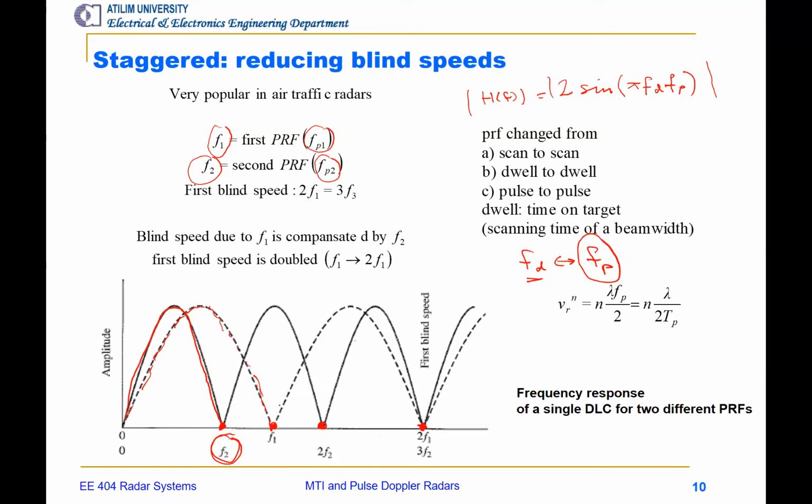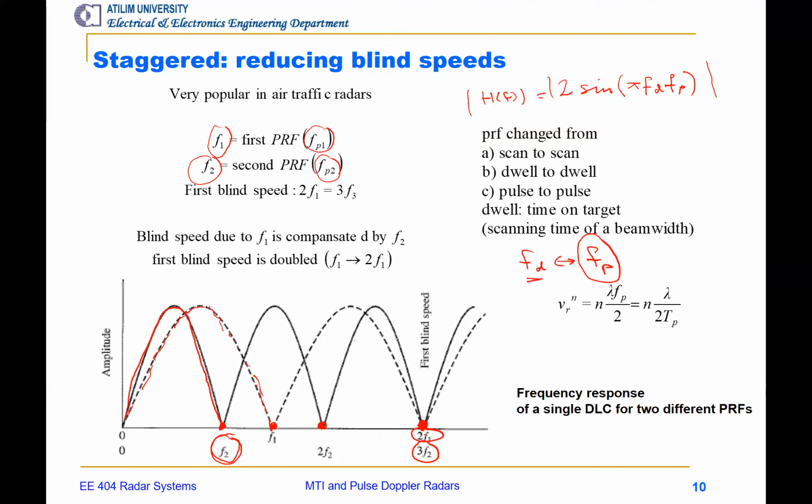So if we change the PRF from FP1 to FP2 and continue FP1, FP2, FP1, FP2, then the delay line canceller will get a first blind speed at the frequency where both PRFs give us a blind speed, okay? In this case, for example, this is 2F1 or 3F2.